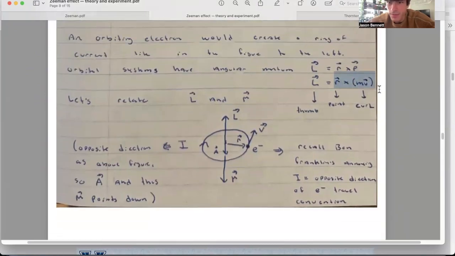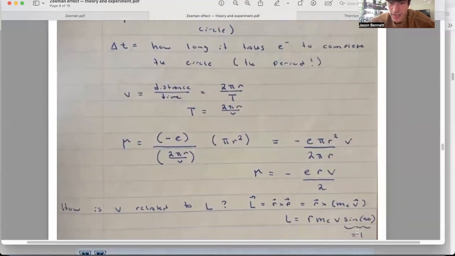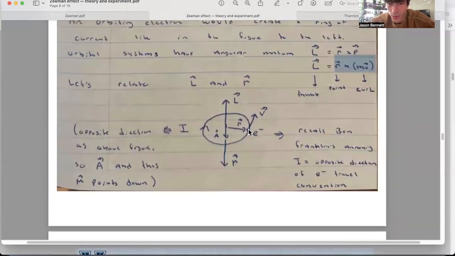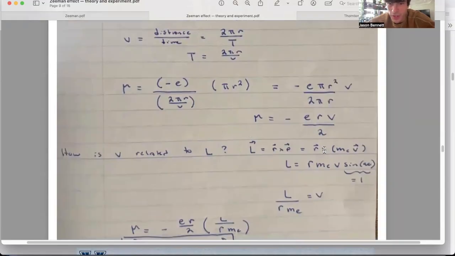It depends on v in some way. So let's try to work this out. In our case, I would have liked to have drawn that a little bit better so that it's clearly at a 90-degree angle. But if something's moving in a circle, the velocity vector goes out at a 90-degree angle. r always comes from the center. So the angle between these two things, remember, we're dropping the vector here, we're just going to tack that on at the end.